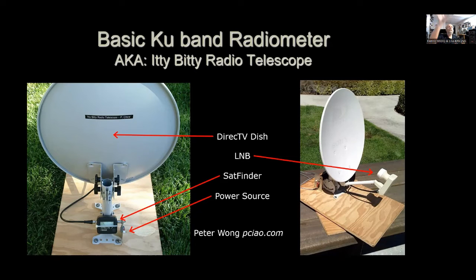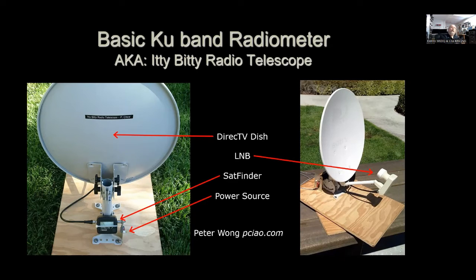But you can also look at the sky noise versus the ground noise. You'll see a difference in level, just looking at open sky versus looking at the ground. The ground is radiating heat. It's thermal energy that happens to be in that frequency range, and it does detect it. So it's an interesting use of the technology, and it's very simple to build one of these.